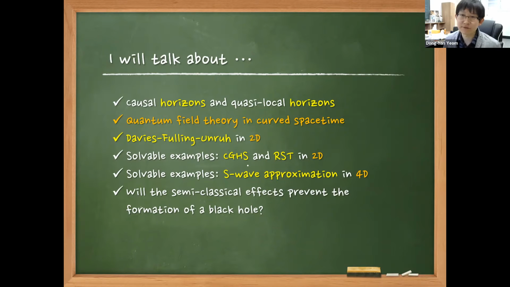However, if you are further interested in the four-dimensional case, then you cannot directly use this 2D formula, but still you can rely on the S-wave approximation. So you only consider the S-wave. Then this can be approximated by the two-dimensional result divided by 4 pi r squared. This is a very crude approximation, but still it can include the very essential, qualitative nature of the evaporating black holes.